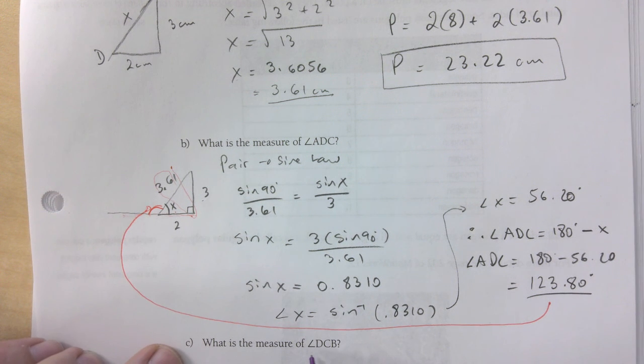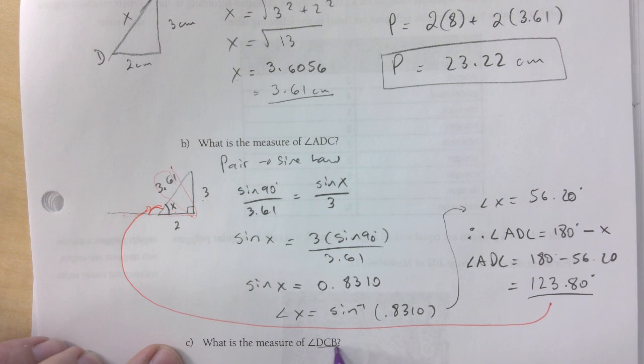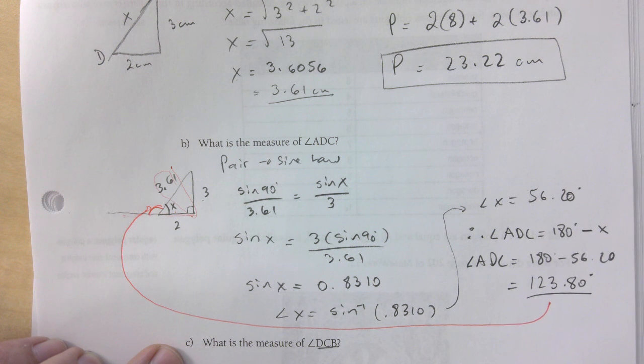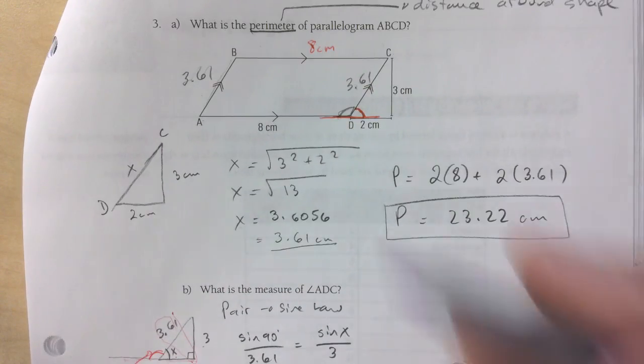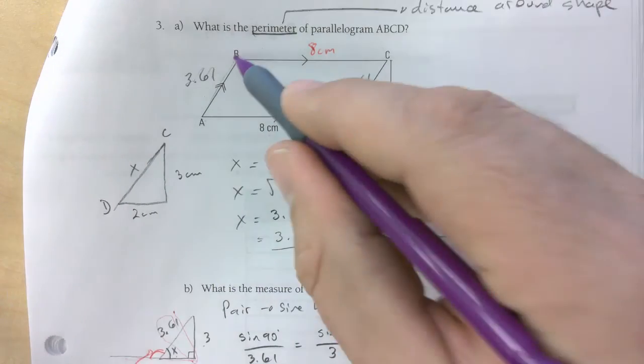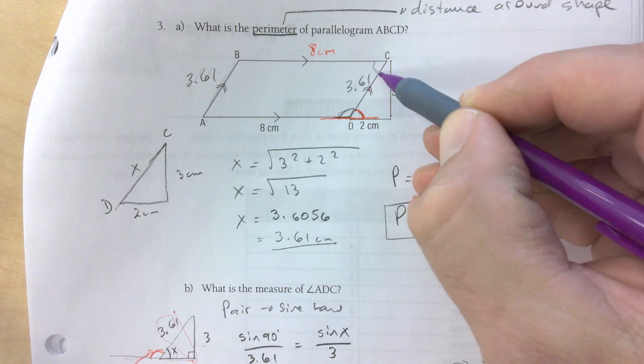Next, they want angle DCB, so just follow it. Start at D, C, B, the angle formed, but C is going to be the middle. That's where the angle is going to be around. Okay, so let's go up and look at DCB, right? So they want this one.